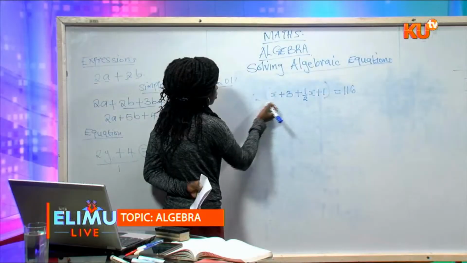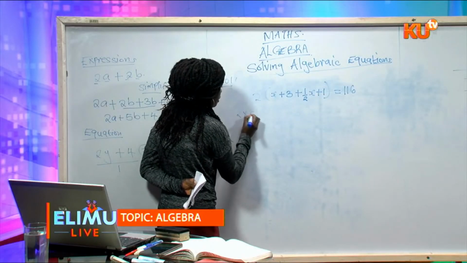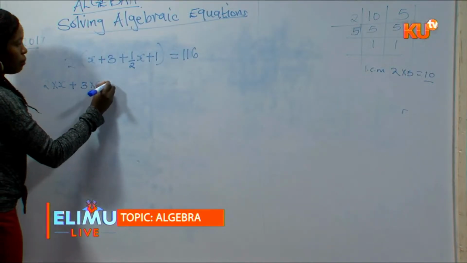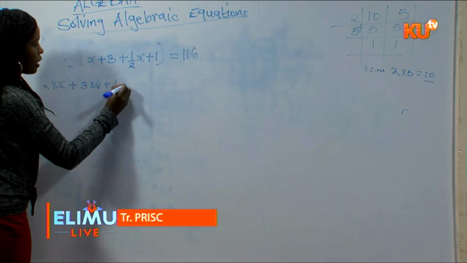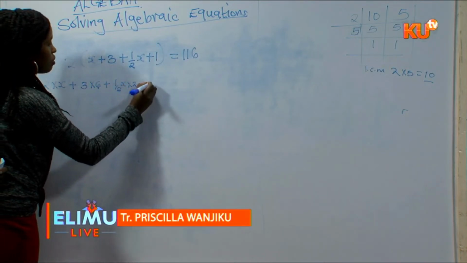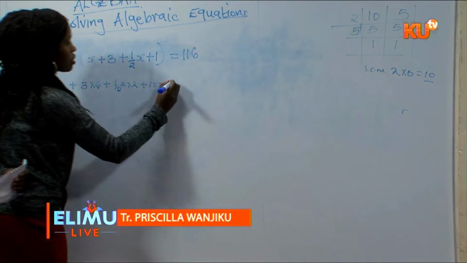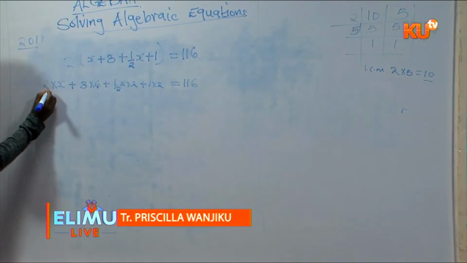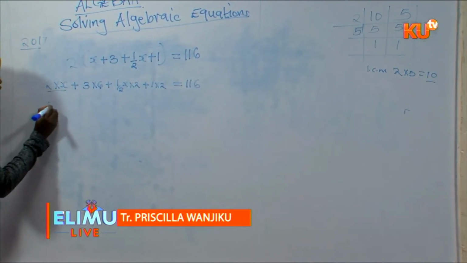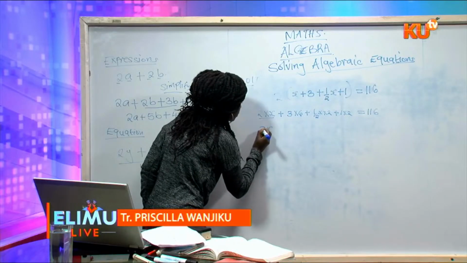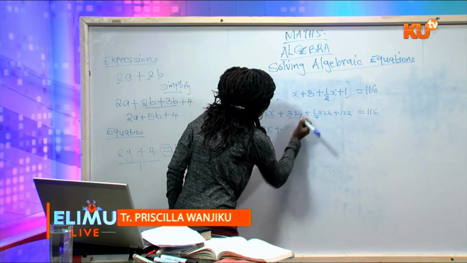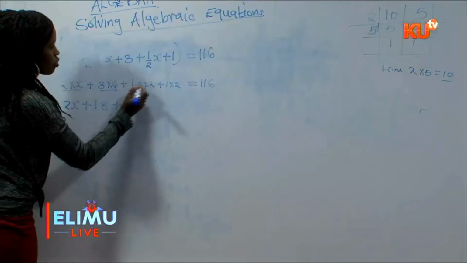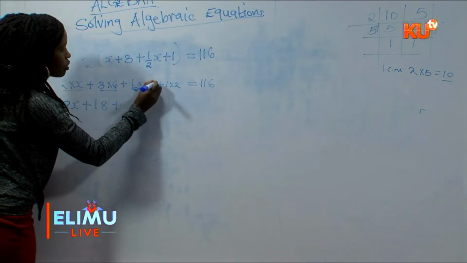So we are going to have 2 times x, 2 times x plus 3 times 6 plus a half x times 2 plus 1 times 2 is equal to 116. 2 times x, we get 2x plus 3 times 6, we get 18 plus half x times 2. Here we can simplify by 2, 1, by 2, 1.